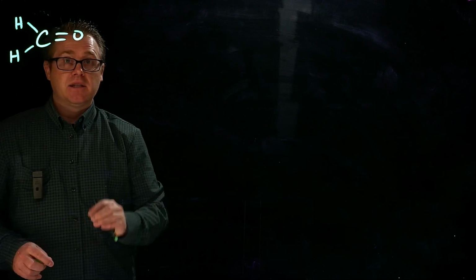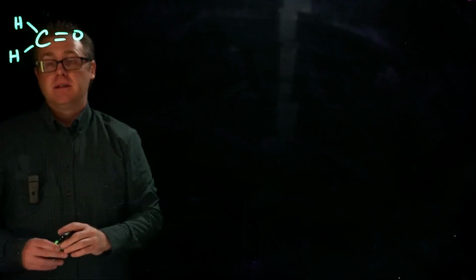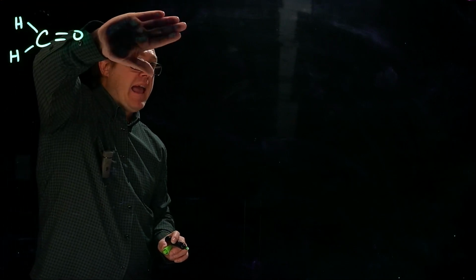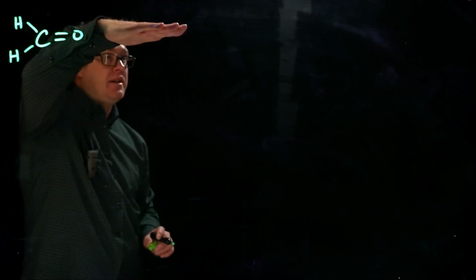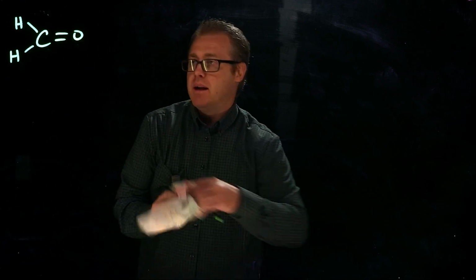Now, what's the hybridization state of that oxygen and the carbon? It's sp2 hybridized. So it's flat. So I'm going to represent that molecule with my hand on the glass. And I'm just going to take it and rotate it 90 degrees. And when I take that and rotate it 90 degrees, I'm going to get something that looks like this.